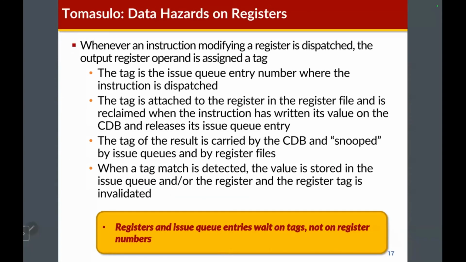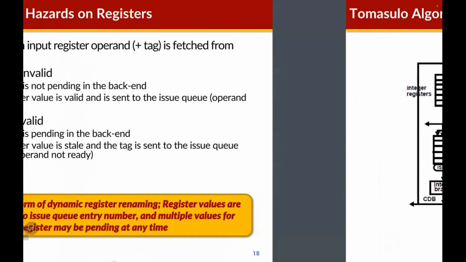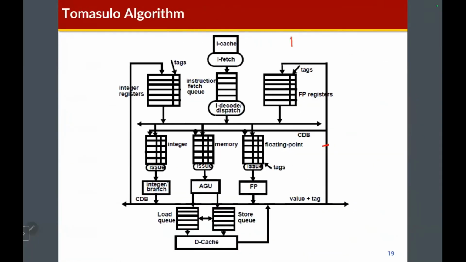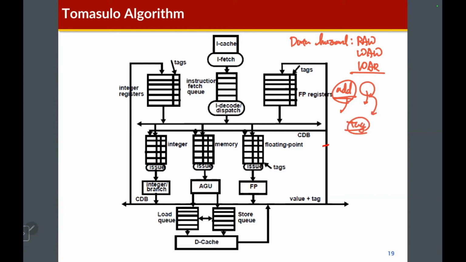So data hazards are handled on registers. I already explained this here also. Actually, for the data hazard, I need to consider the three types of hazard: RAW, WAR, and WAW. And I explained that when this instruction is dispatched, the destination register of this instruction is changed to the tag, this tag number.